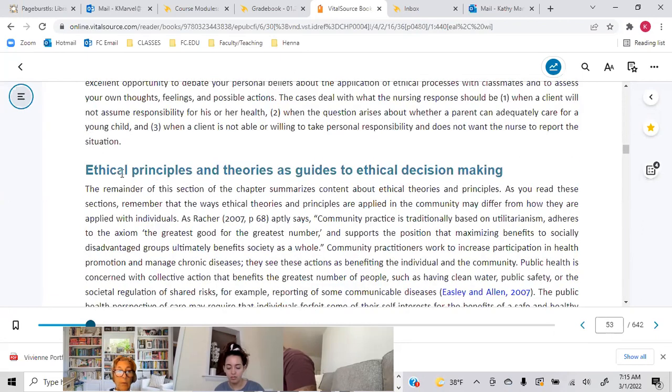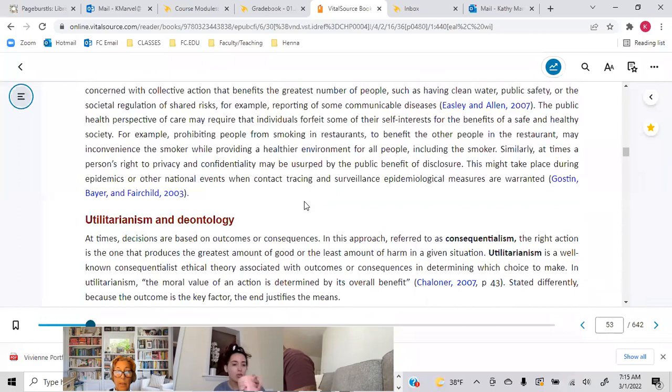Okay, we're going to review the ethical principles and theories as guides to ethical decision making. There's several, and I'm just going to identify them. You can look them up and see what their definitions are. But we need to know about utilitarianism and deontology. We need to also know about consequentialism.